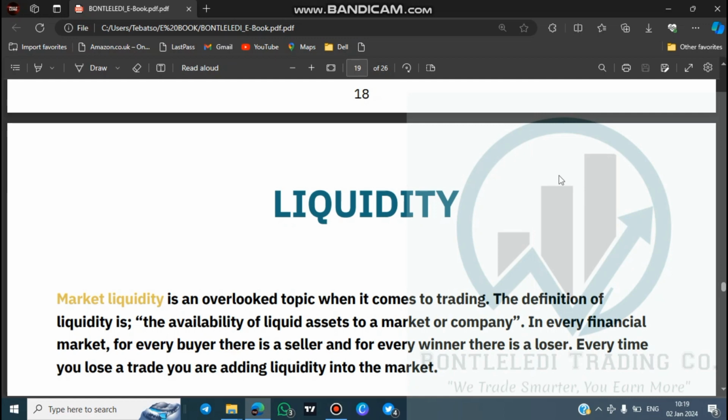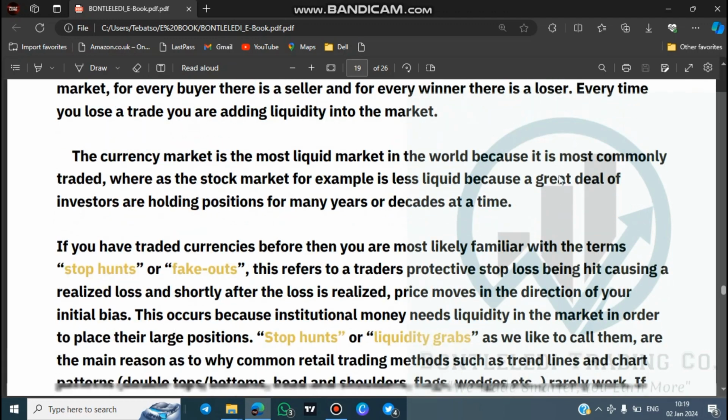So once you buy, there's someone who's selling. For the market to be balanced, there must be liquidity, and there must be both the buyer and the seller. Simple as that. It's supply and demand, and there's nothing to complicate this. You just have to understand that there's a buyer, a seller and liquidity. So we are just adding liquidity into the market.